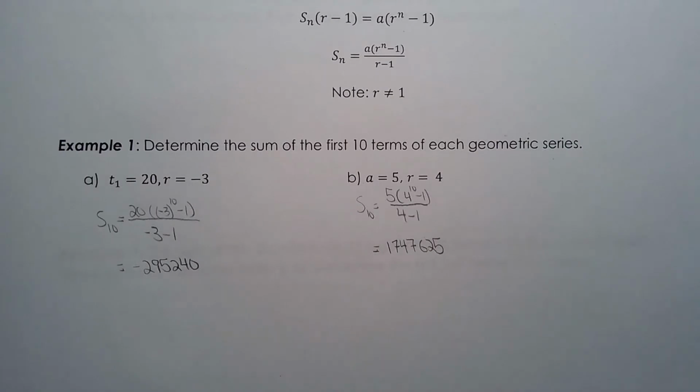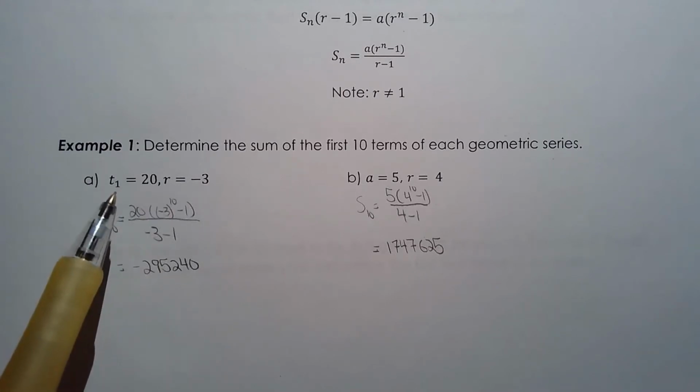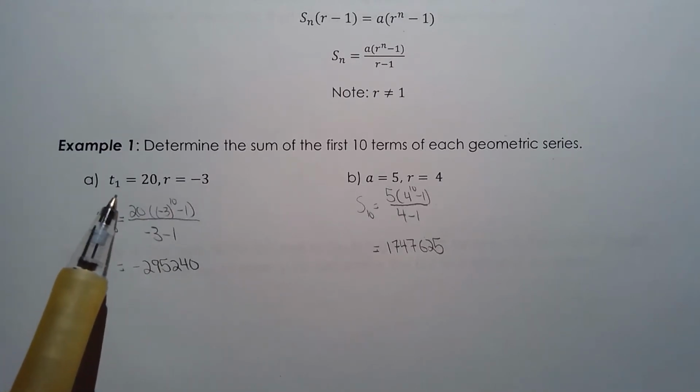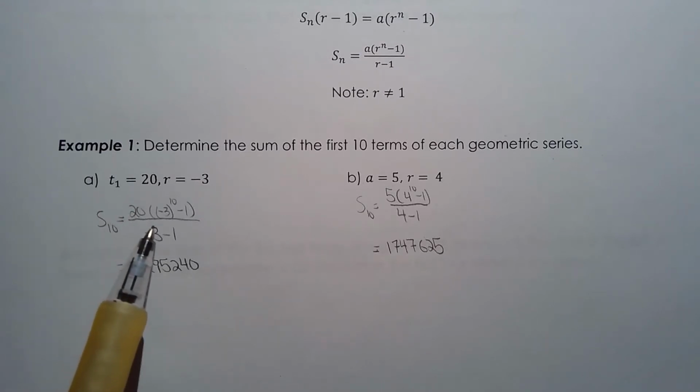Before we move on to the next example, I just want to quickly explain why the sum of the first 10 terms for 1a is negative. If you think about it, the odd terms of this series are positive, and the even terms are negative.